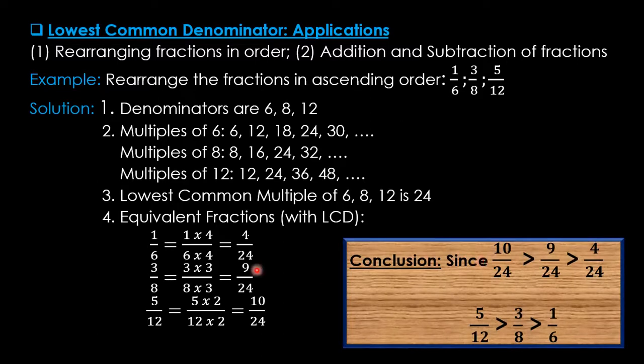After getting the lowest common denominator, we can compare, because the denominators are the same. The highest numerator is 10, so 10/24 is greater than 9/24, which is greater than 4/24. So we conclude that 5/12 is greater than 3/8, which is greater than 1/6.